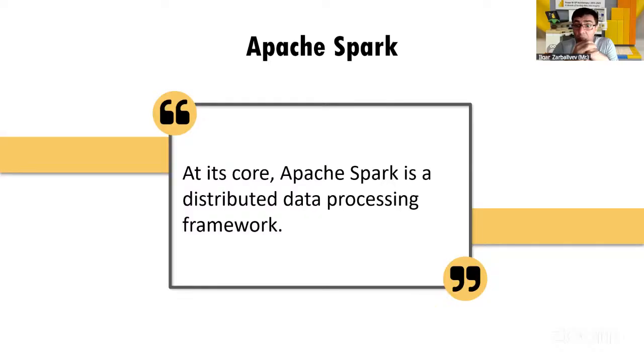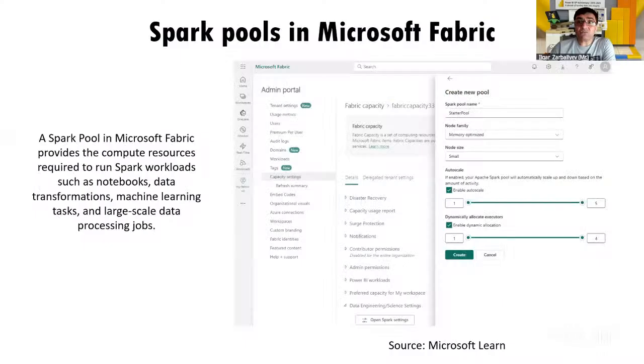As we move through this video, you'll see both of these technologies in action and learn how they can help you efficiently process and analyze data within Microsoft Fabric. One of the great advantages of Fabric is that it makes getting started with Spark incredibly easy.